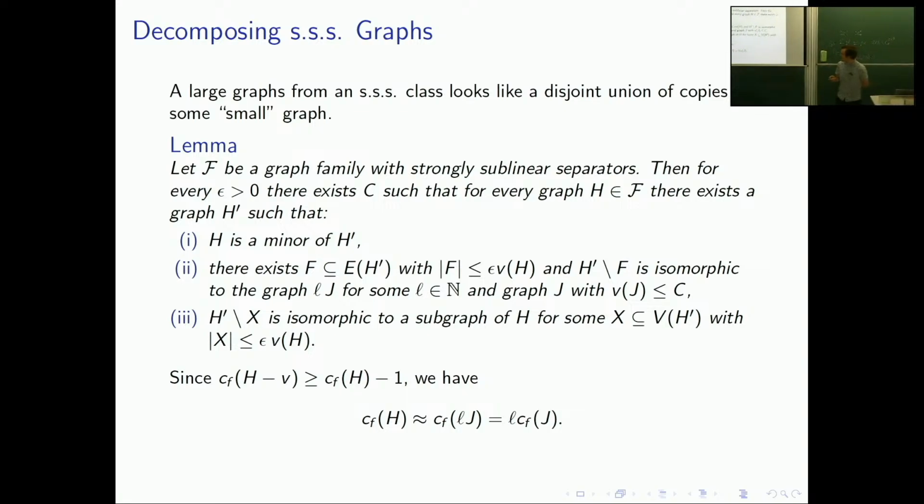So in particular, in this situation, since we have this nice property of the fractional extremal function, that when you delete one vertex, you decrease the function by at most one, and we're only deleting a small set of vertices, we do get that the extremal function for H is approximately equal to the extremal function of this graph formed by L disjoint copies of J. Okay. So roughly that's the first step.